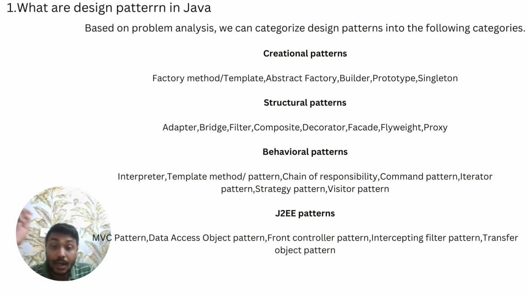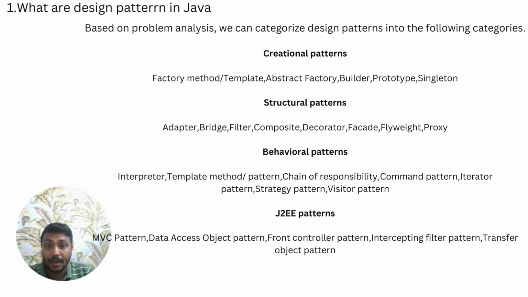So you can say first of all singleton pattern, factory pattern, adapter pattern. In J2EE pattern, there are transfer object pattern, data access object pattern, front controller pattern. So these are patterns basically. These are asked questions like, what is a creational pattern?